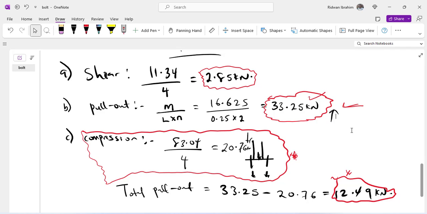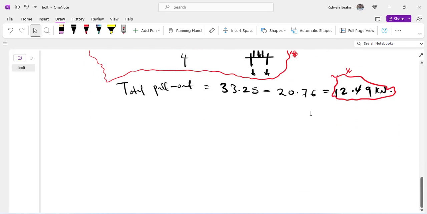So now I want to calculate the capacity. I want to know what my shear capacity is. I want to know what my tensile capacity is. So let me calculate the capacities. I'll change the ink to black.